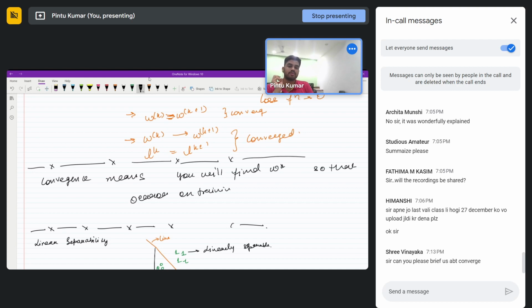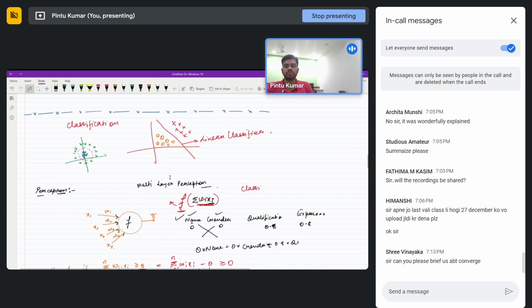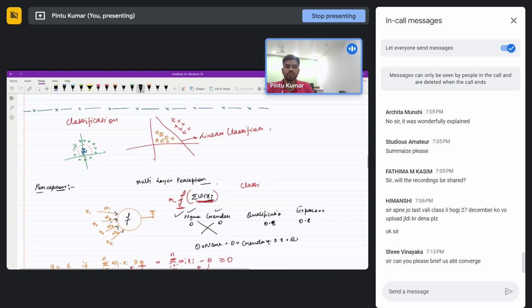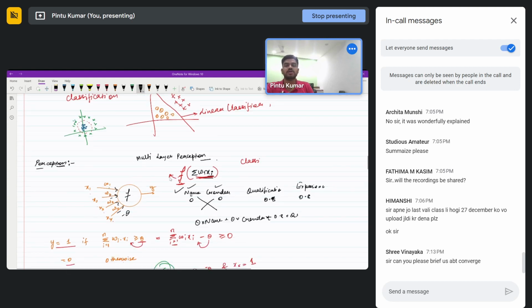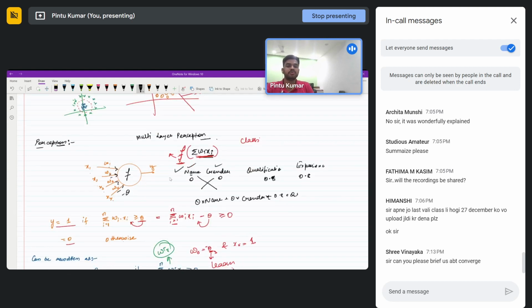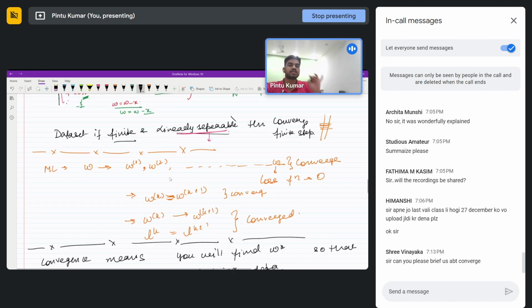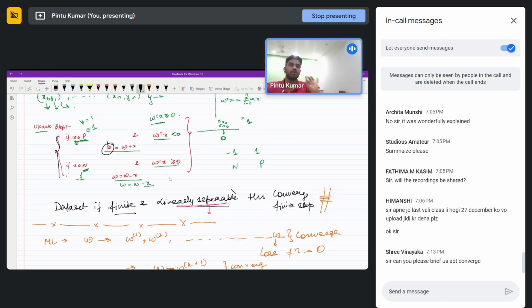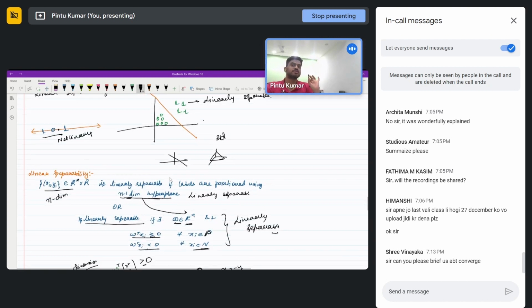That means whatever values of W1, W2, W3, W4 and minus theta you have reached, for that particular value, if you use it, then there is no misclassification. I hope I'm clear what I mean by convergence.